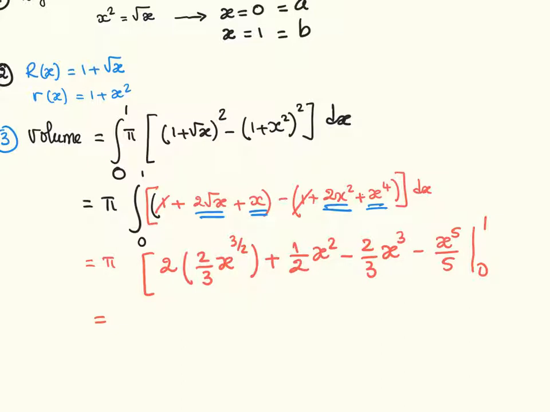And of course at 0, all of this is 0, and we put x equal 1 in this expression, and the final answer, 29 pi over 30, is the volume we are looking for.